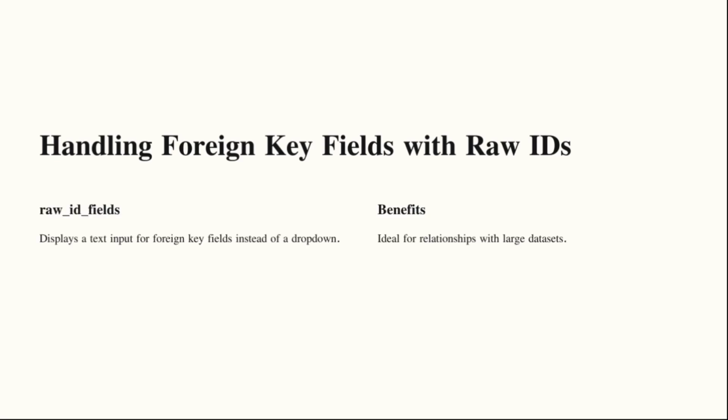When dealing with foreign key relationships, the default drop-down can be inefficient if you have many records. To address this, we use raw_id_fields, which replaces the drop-down with a text input for IDs. This is especially useful for the author field when you have a large user base. Let's implement this in Visual Studio Code and see the change.